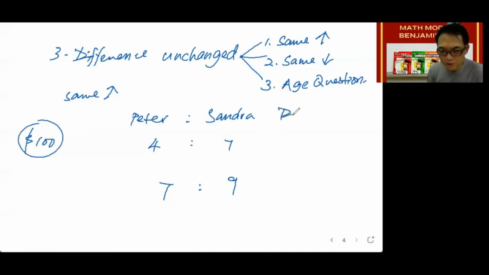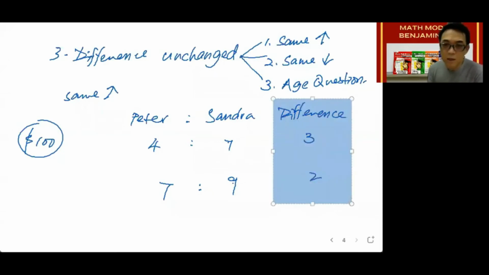So in this example, they have both increased by the same amount of money, and this means that their difference doesn't change. And when that happens, all you have to do is to find the difference, take 7 minus 4, take 9 minus 7, and this time you make the difference the same.